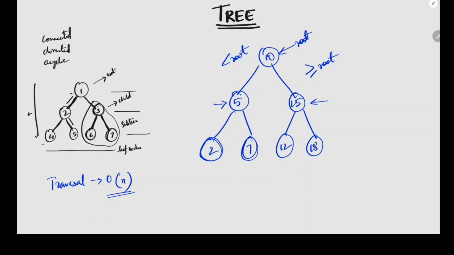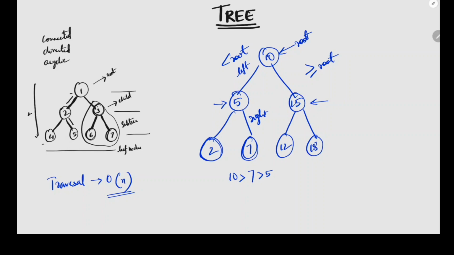And 7 is greater than 5, whereas it is less than 10, because it is positioned to the right of this node, whereas it is positioned to the left of the root node. So it should be lesser than the root node, whereas greater than the immediate parent node.